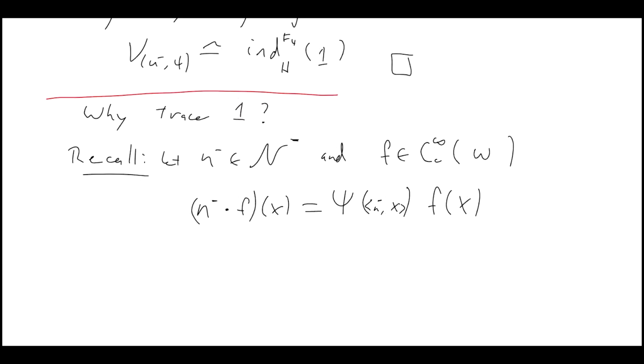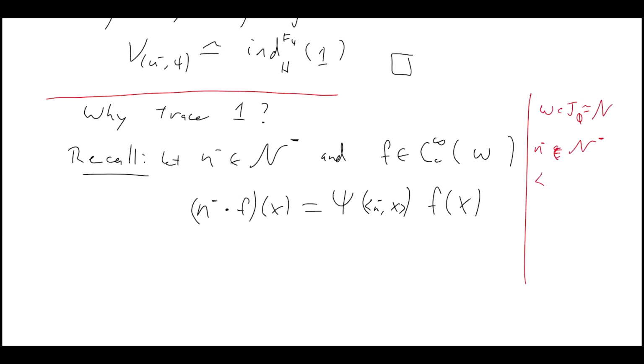So just a quick reminder. Omega is sitting inside of J, a Jordan algebra, and that can be identified with n. And n minus is sitting inside the opposite parabolic.